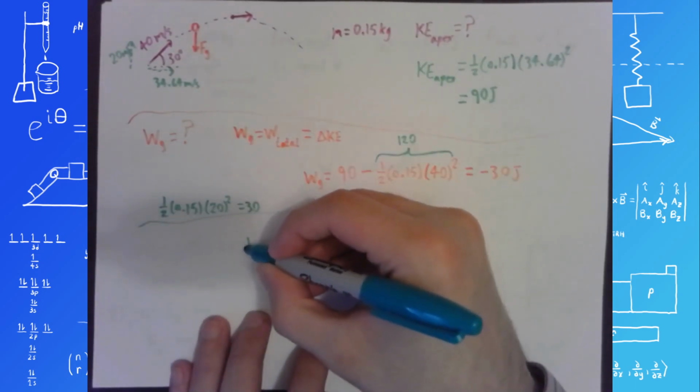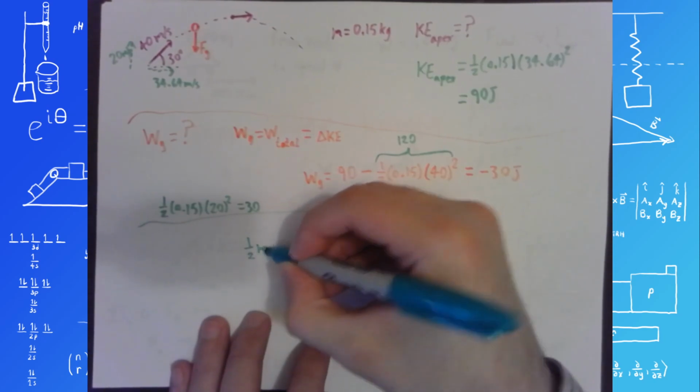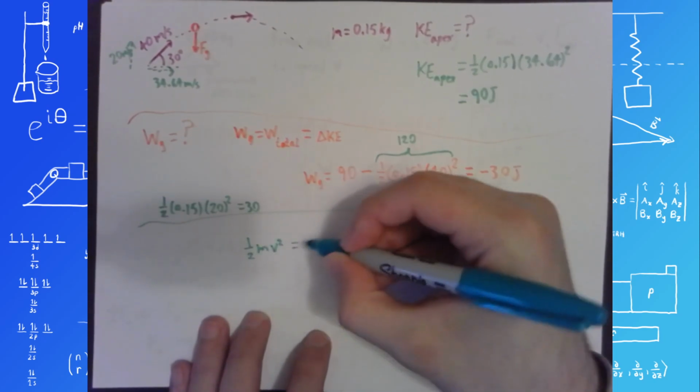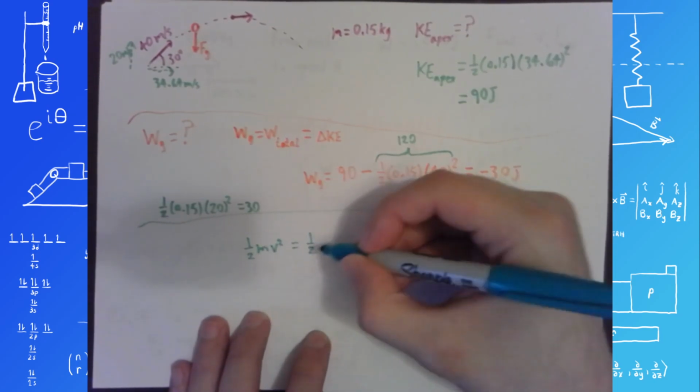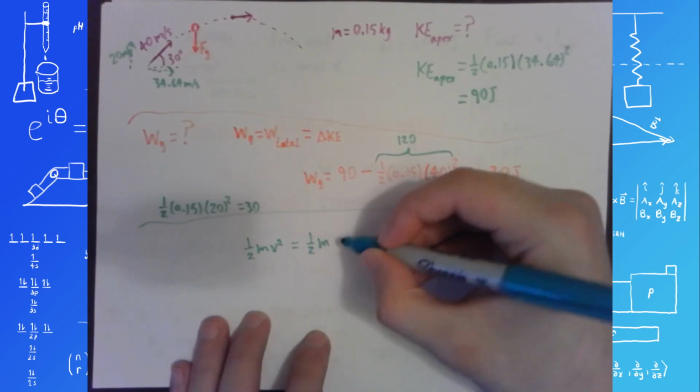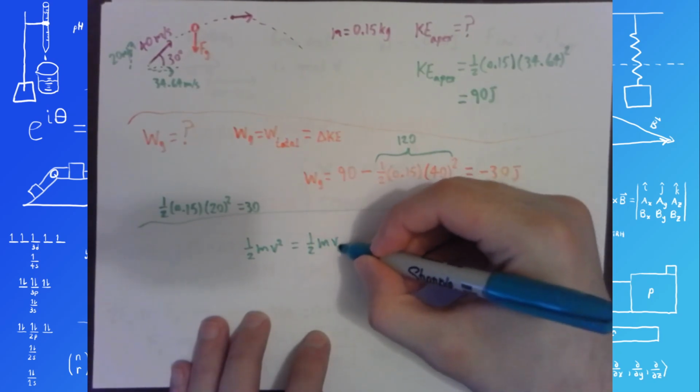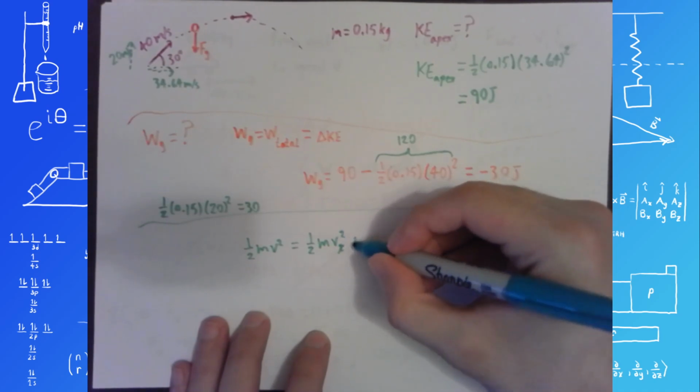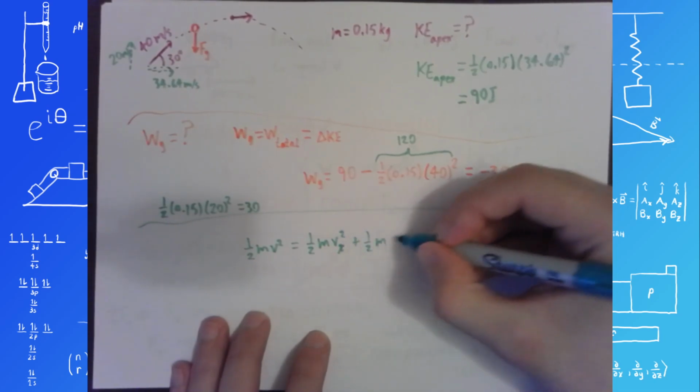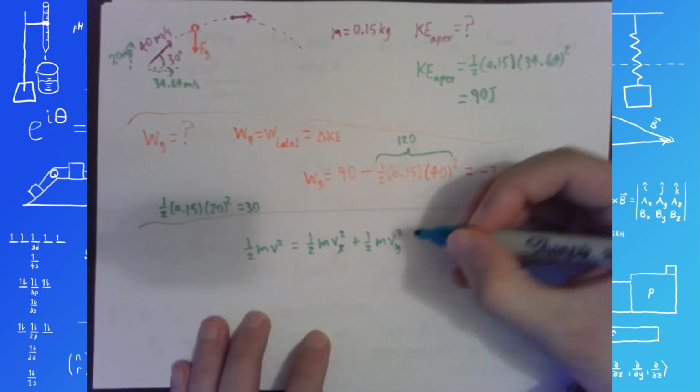So, does 1/2 mv squared equal 1/2 m vx squared plus 1/2 m vy squared?